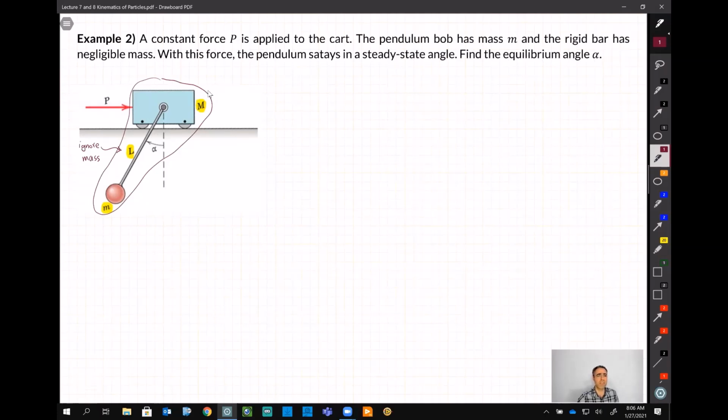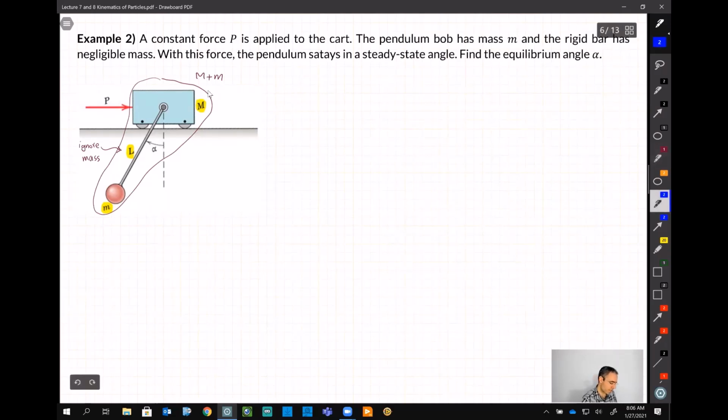Yes, because nothing inside this cloud that I draw is moving, right? If I zoom out and look at these things from a distance, I don't see anything inside. I just see one dot, which has a mass of M plus m. Do you guys agree? And then I see a load P applying to this M plus m.